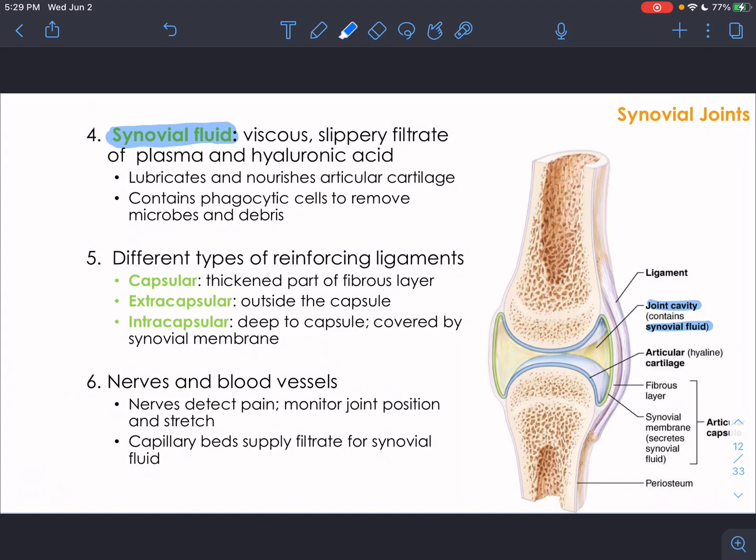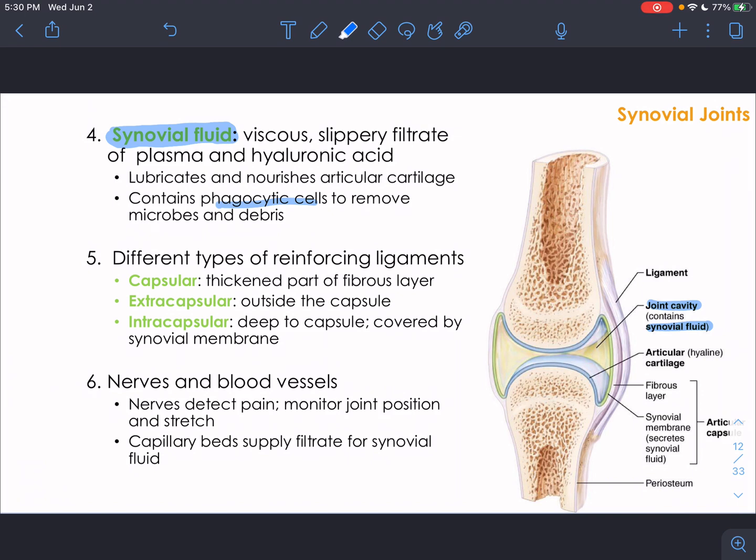It's going to lubricate and nourish the articular cartilage, so making sure that the cartilage cells, chondrocytes, get the nutrients that they need and are nice and slippery to avoid extra wear and tear. And then it also contains some phagocytic cells that remove different microbes and debris to help make sure that we don't get any sort of infection.